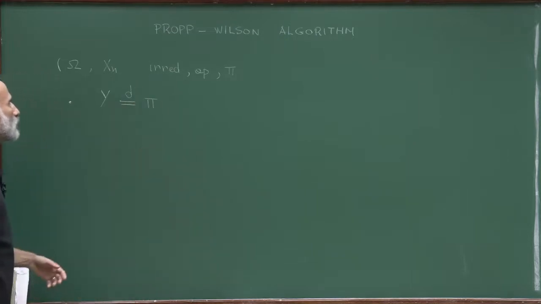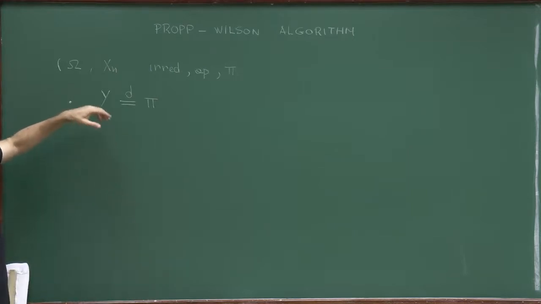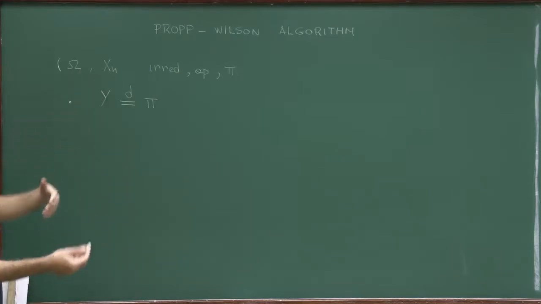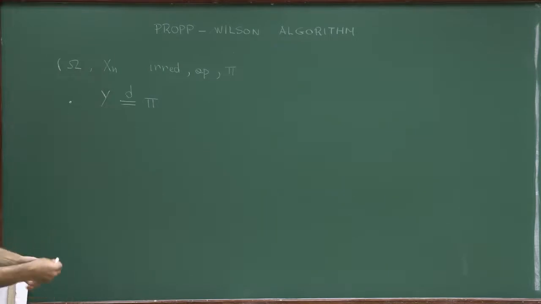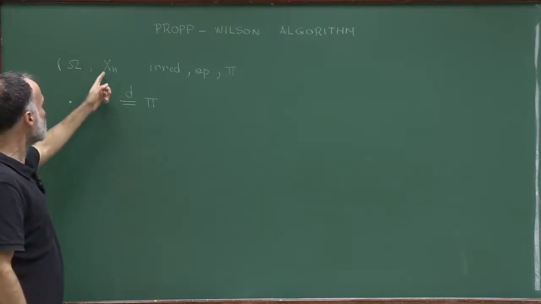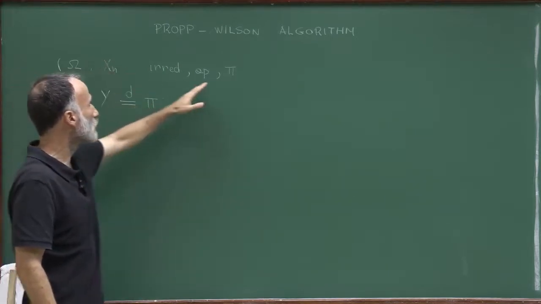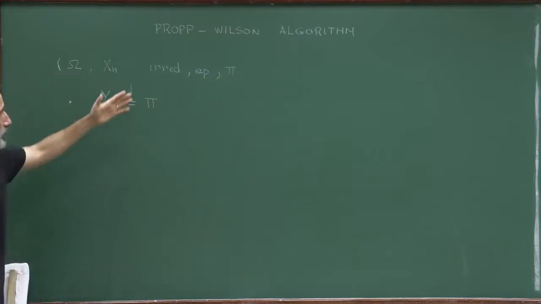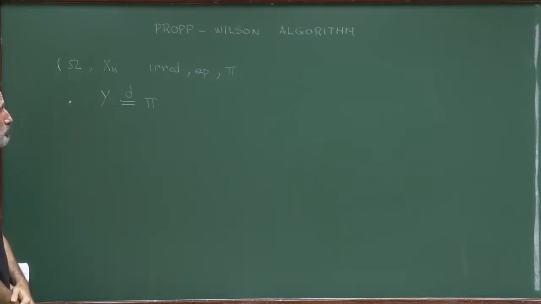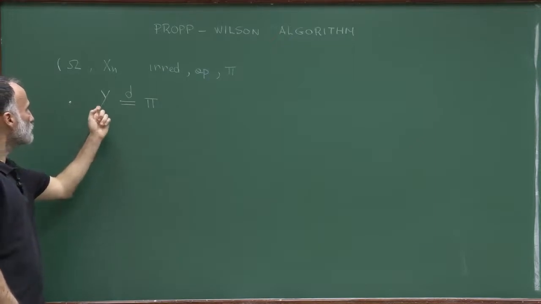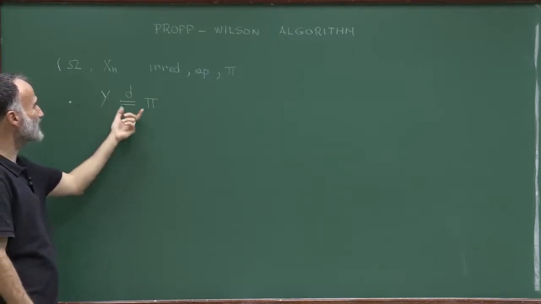Remember, before we used to run the Markov chain for a very, very long time, and by using some estimate on the mixing time, claim that the distribution of X_n is close to pi. Here, this algorithm has this big advantage that it will produce a random variable whose distribution is exactly equal to pi.